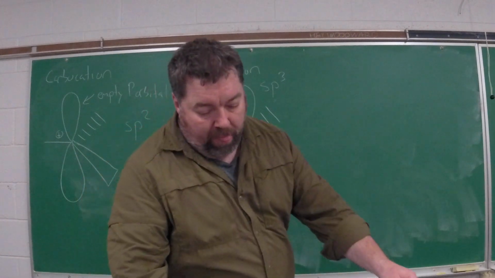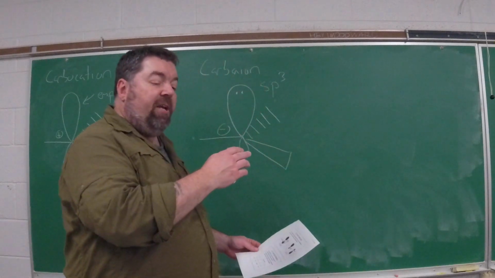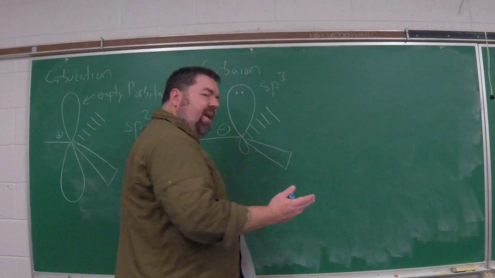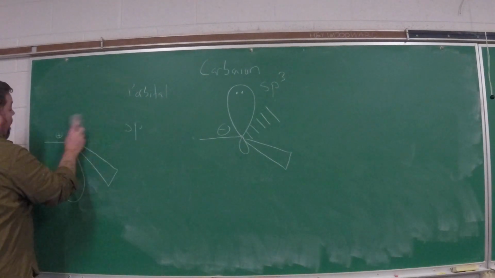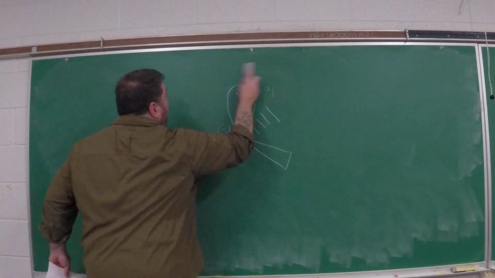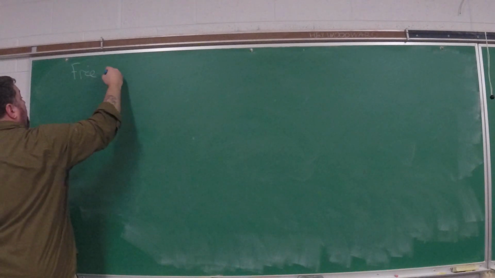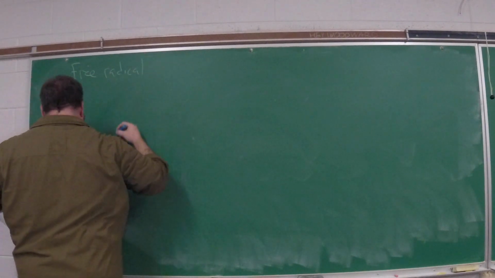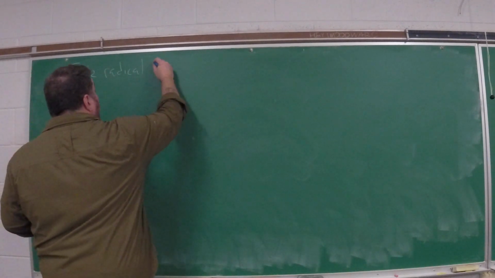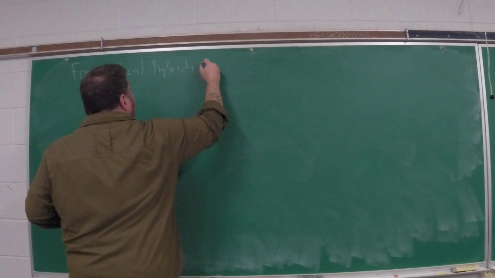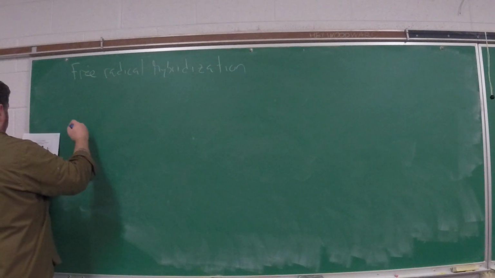If we take a look now at a free radical, we can look at it as either sp2 or sp3. Again, this is really kind of a pain, sorry, having to constantly erase here. So again, you can look at it as if it was sp2.